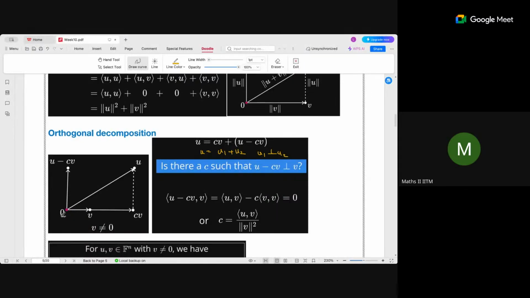Let us say you have a vector u, and we want to find the orthogonal decomposition of u. The technique is that we add and subtract the vector cv.